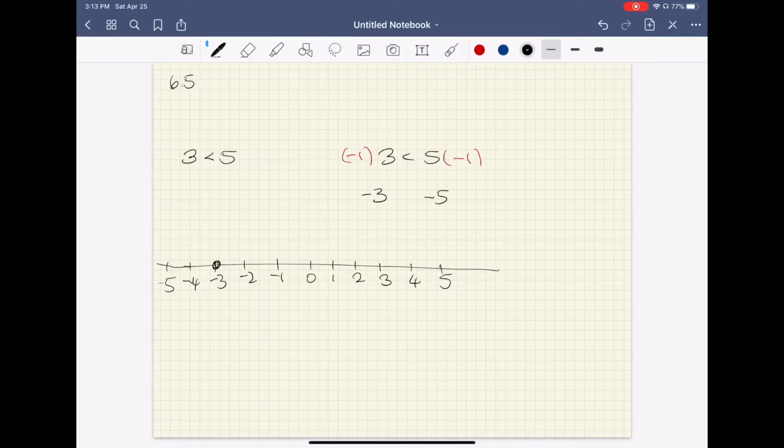Maybe let me use red. -3 is here, -5 is here. Which one is greater? -3 is greater, right? Because -3 is closer to 0 on the negative side.